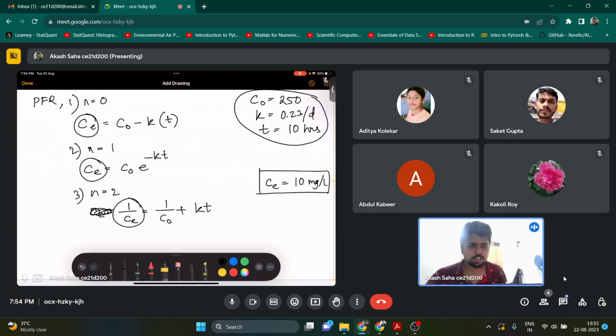If my Ce value is matching with 10 milligram per liter, that means that is my order of the reaction. So can someone please tell me what is the Ce for zeroth order reaction? Just substitute the value and tell me.